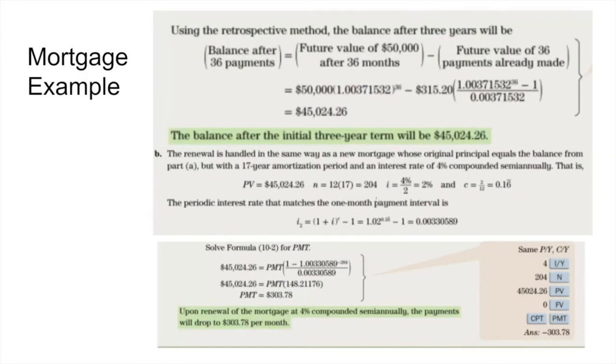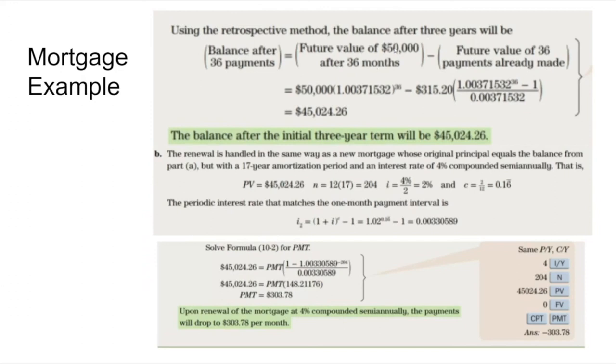Now, in order to find out what the value of it is after 3 years, we've got to figure out what the balance after 36 payments is. Well, that's 3 years, 12 months a year times 3, which is the future value of 50,000 after 36 months, and the future value of the 36 payments already made. So these are the two things that we've got to do.